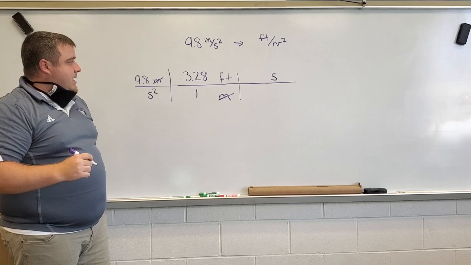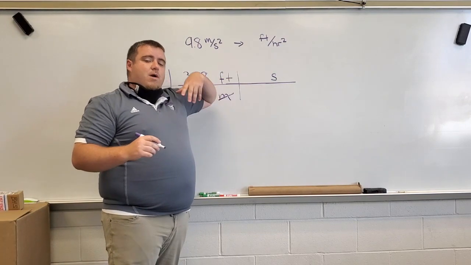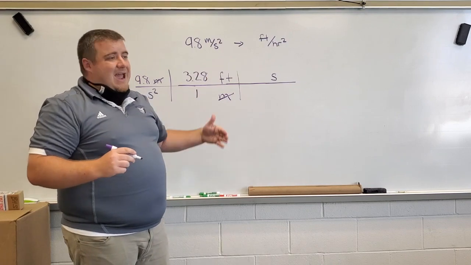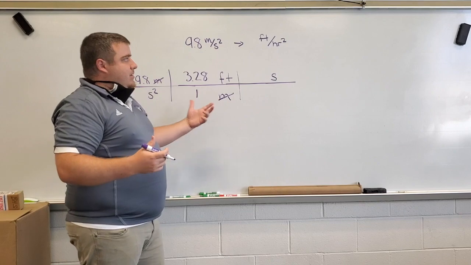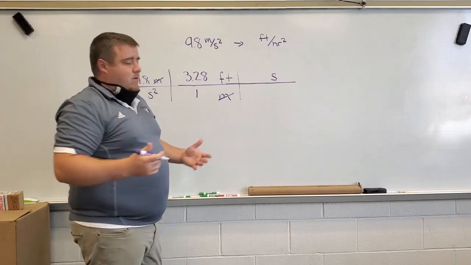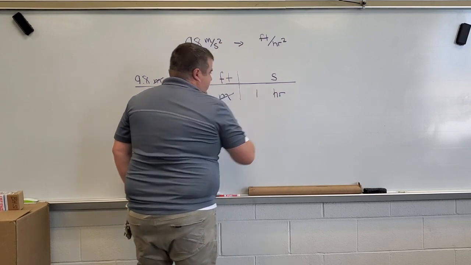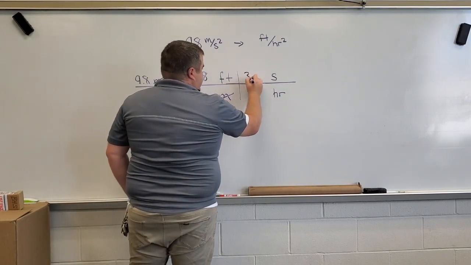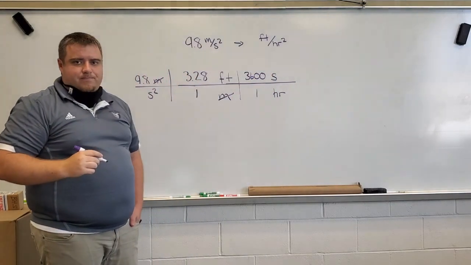Now, at this point, I can convert from seconds straight to hours, or I can go from seconds to minutes, and then from minutes to hours. Either one will work. I'm going to go straight to hours because I happen to know off the top of my head that an hour is larger and that there are 3,600 seconds in an hour.